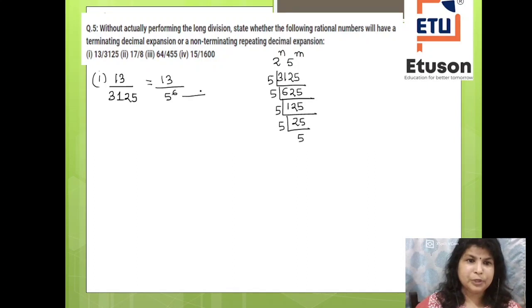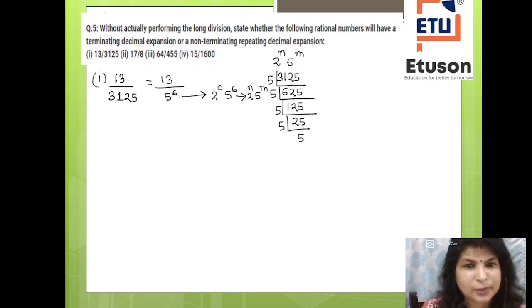Now this 5 to the power 5 is of the form of what? 2 to the power n, we can take 2 to the power 0, and 5 to the power 5, correct or not? So it is of the form of 2 to the power n and 5 to the power m.